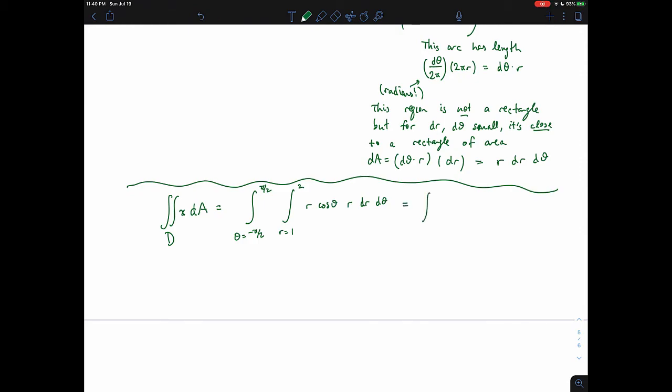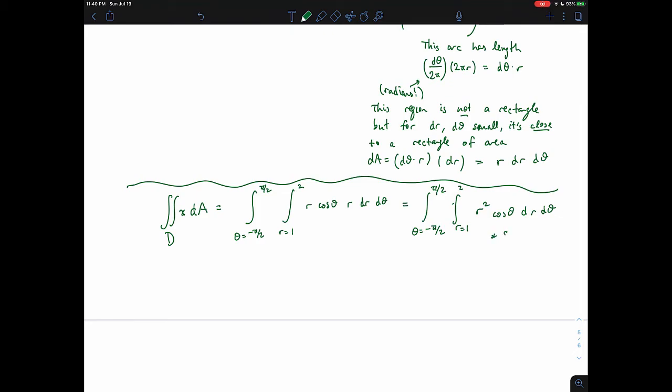We can write this integral one more time as the integral of r squared cosine theta dr d theta, just to group our r's together.